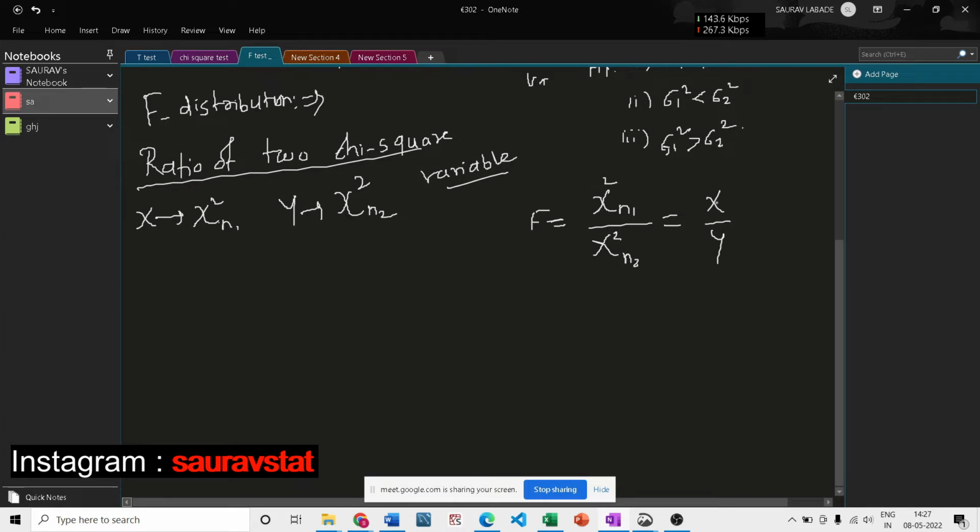The ratio of these two chi-square variables is called the F distribution. That is the simple definition of the F distribution. Just understand this, because it may be asked in the MCQ. I think the degrees of freedom here are n1 minus 1 and n2 minus 1.